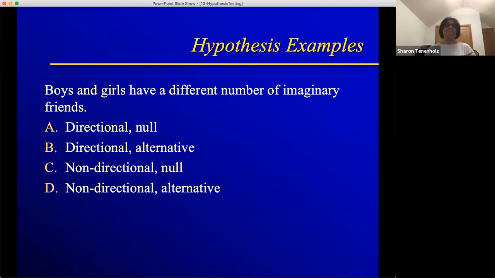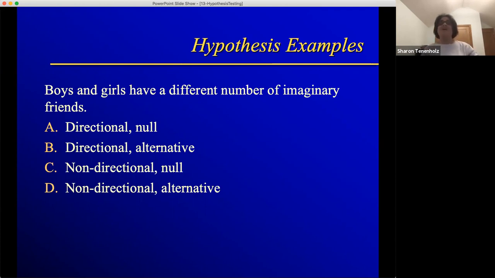They're just different from the girls. So that's a non-directional prediction. And we know it's alternative because we're not being skeptical. We're not saying there's nothing interesting to see here. We're making a prediction that there is something interesting going on. So that's an alternative hypothesis. Boys and girls have a different number of imaginary friends.